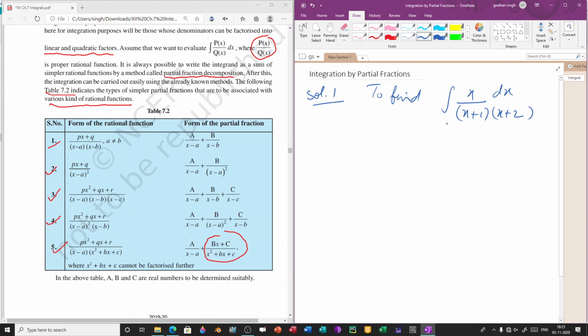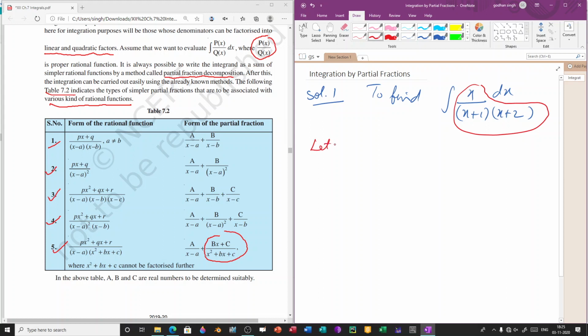So it is very simple. What we will do is write this x over (x plus 1) into (x plus 2) in the form of A by x minus a plus B by x minus b. So let us write this in that form.